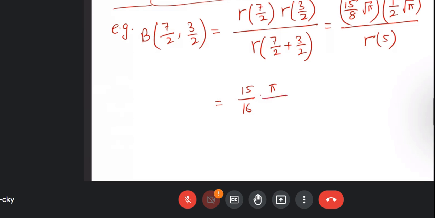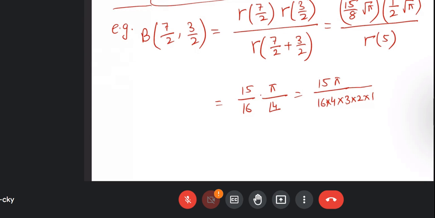Factorial 4 means 4 into 3 into 2 into 1. Now just simplify this value: 15 pi divided by 16 into 4 into 3 into 2 into 1. 16 into 16 is the first part.